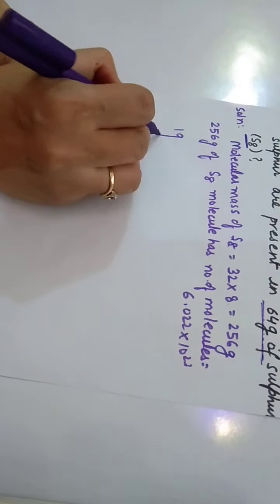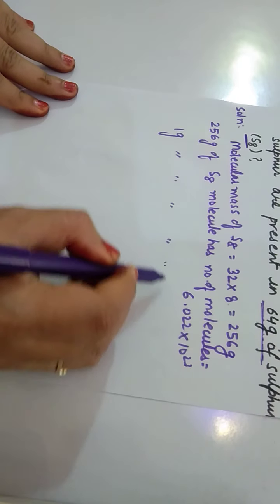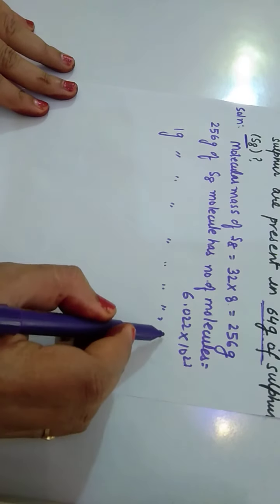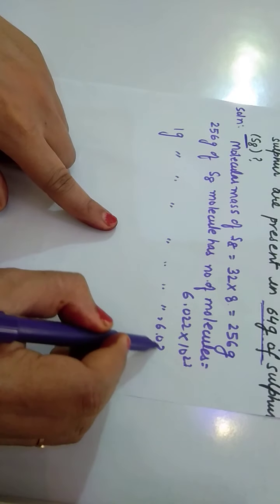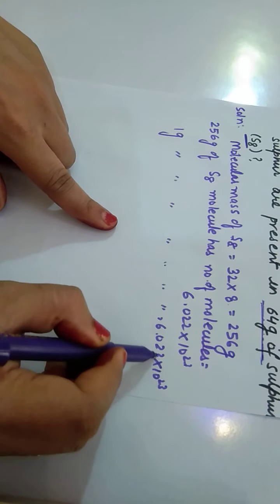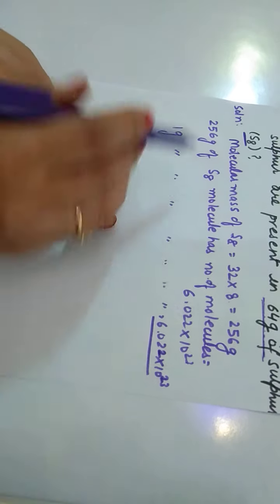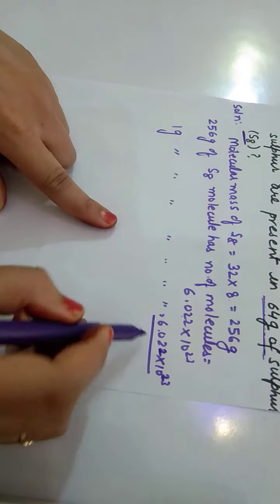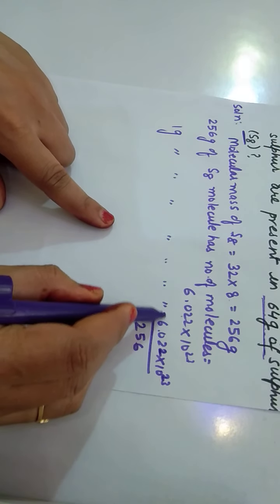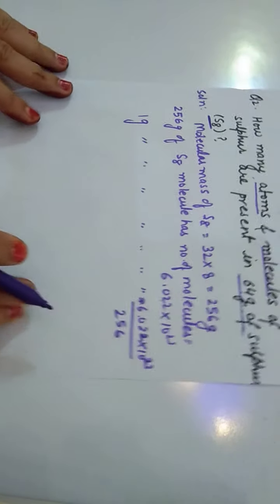So 1 gram of S8 will have how much number of molecules? Unitary method. 6.022 into 10 to the power 23, divided by 256. This much number of molecules.